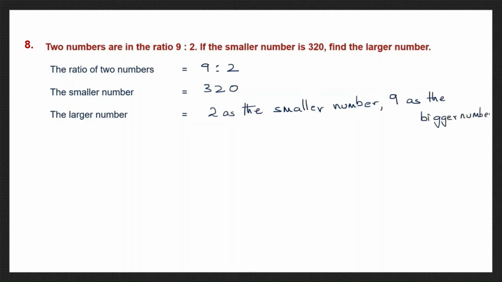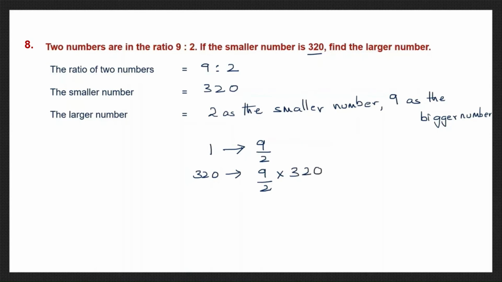Now, if we take 1 as the smaller number, then the bigger number will be 9/2. Okay, 2 is a smaller number. If I take 320 as the smaller number, then my bigger number will be 9/2 into 320. Right?